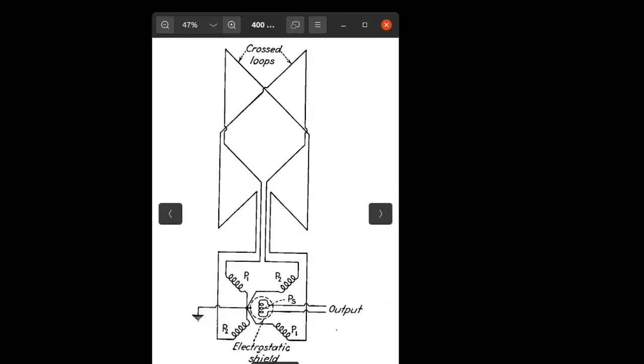Here we have one of the original radio direction finder constructions, and what we have is two static, meaning immovable, loops. Here's the first loop and here's the second loop.